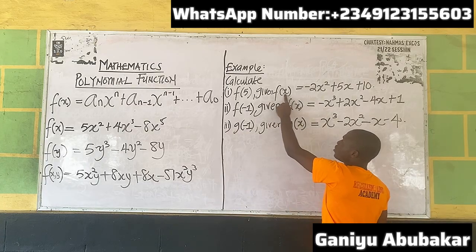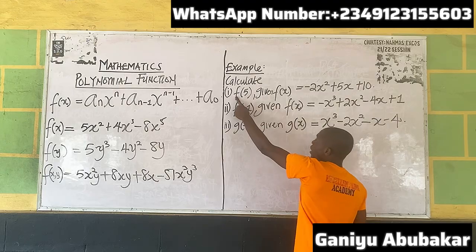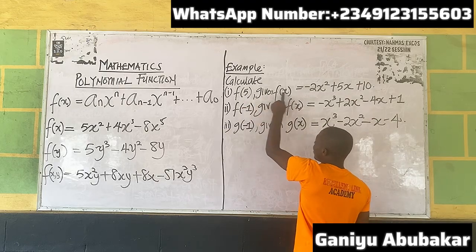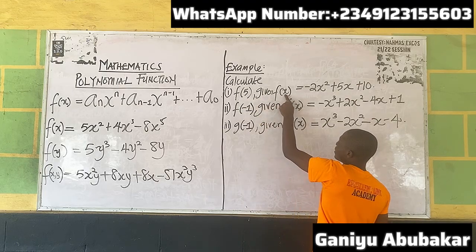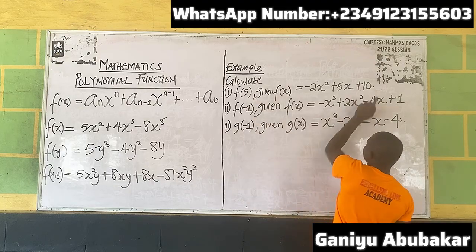It's more like saying anywhere you see x, you put 5. That's the concept. So x is 5, so anywhere I see x, I'll put 5 inside this equation. That's the meaning.